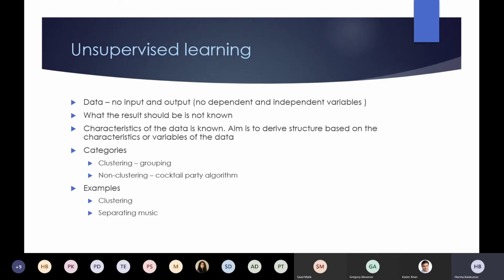You get the files which will have characteristics, and you try to find a structure in such a way that you can split between human voices and music, or between two human voices. So this is also a non-clustering example. This will also come under unsupervised learning.